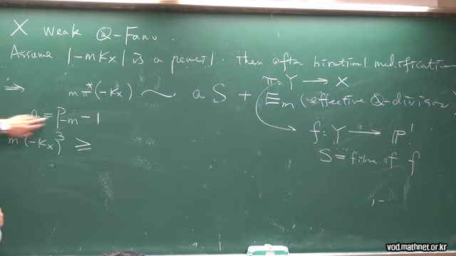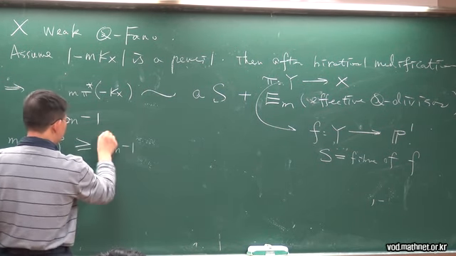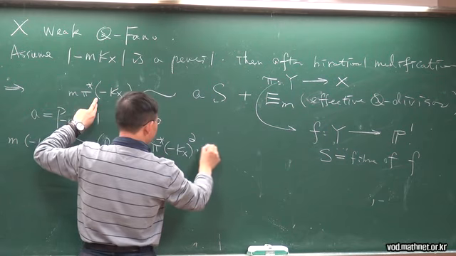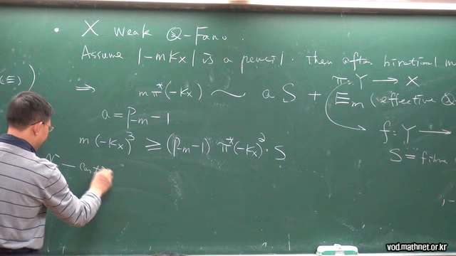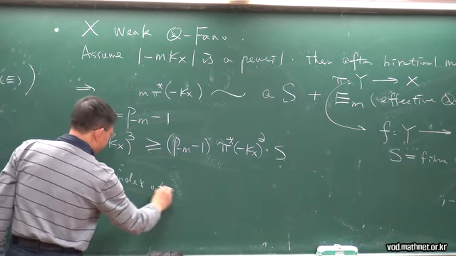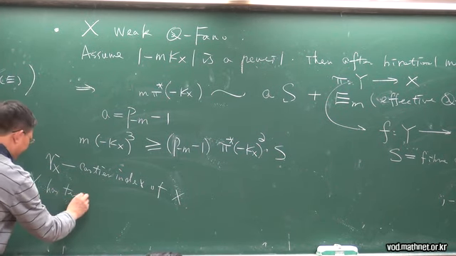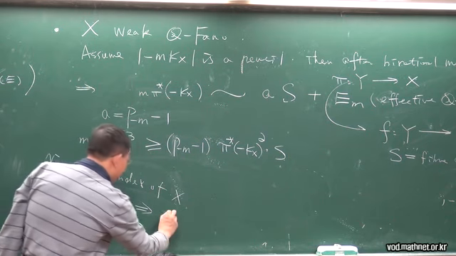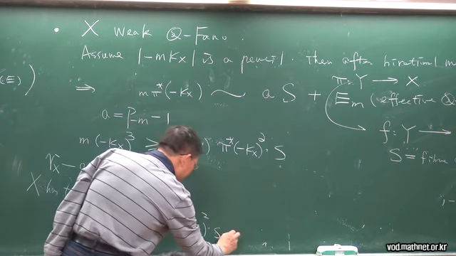Since this is nef and big, it's like A, so p minus m minus 1, times pi upper star minus Kx squared and S. Now we take R to be the Cartier index of X, and since X has terminal singularities, this implies that R pi upper star minus Kx cubed intersect with S is a positive integer.